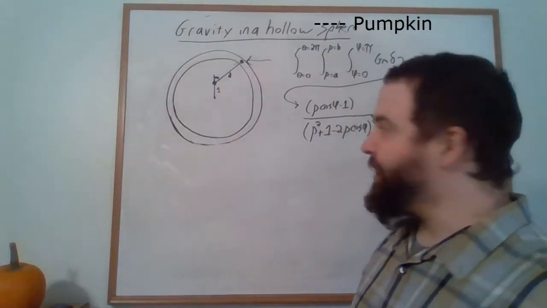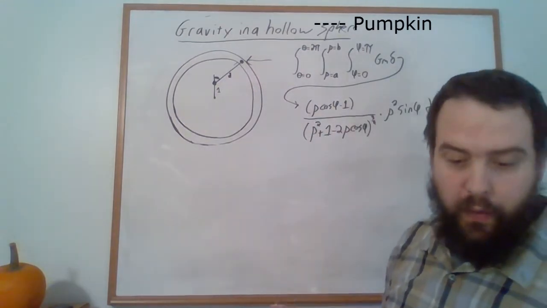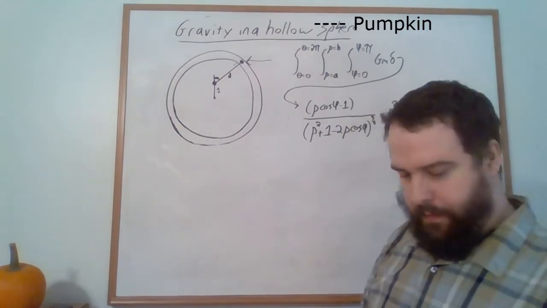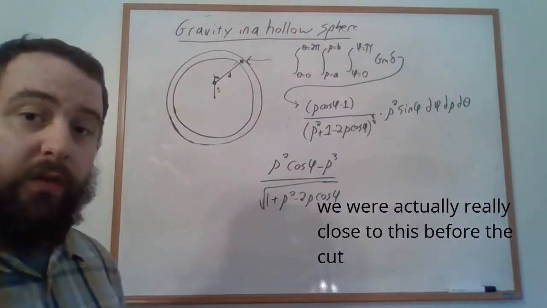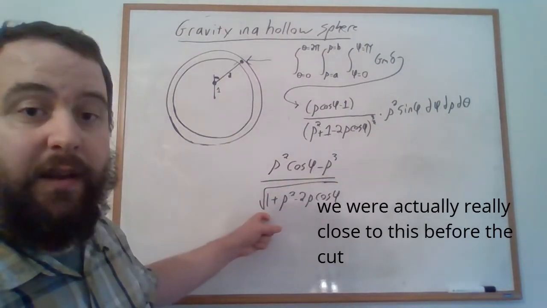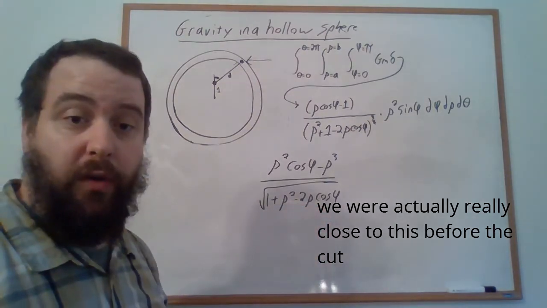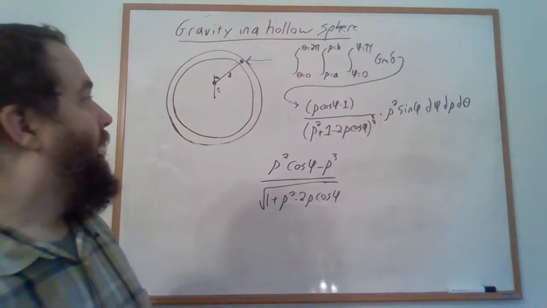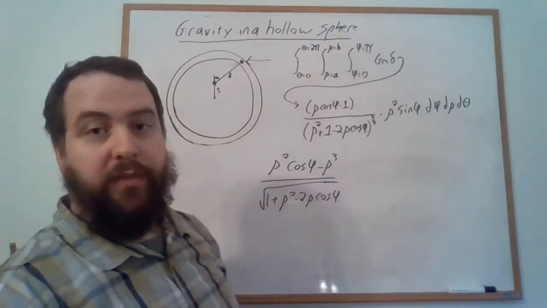And so our antiderivative of this term here with respect to rho is going to be rho squared minus cosine phi minus rho cubed, all divided by the square root of 1 plus rho squared minus 2 rho cosine phi. And of course, we need to evaluate that from phi goes from 0 to pi.